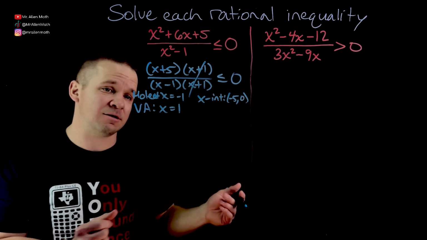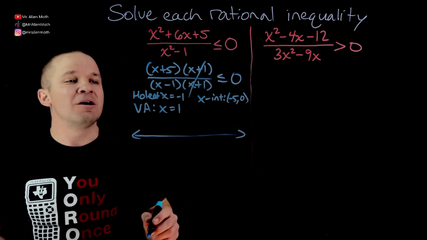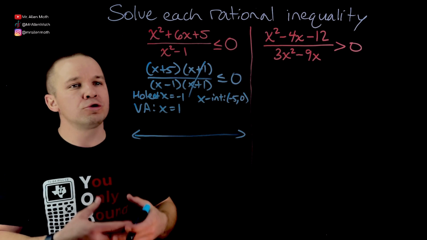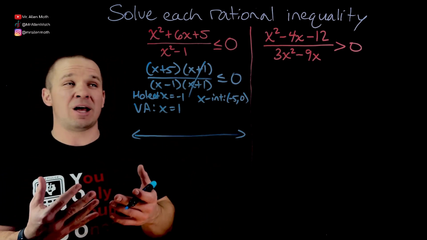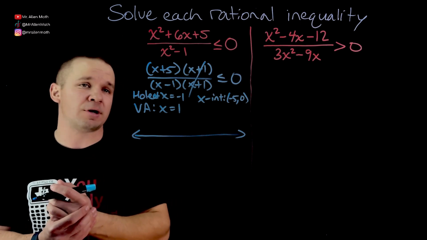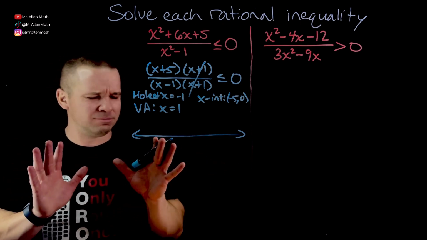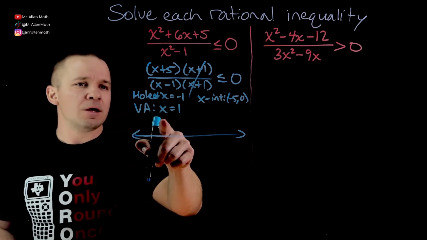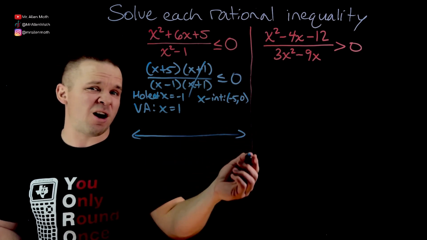Those are all my important values, my critical values, that I'm going to throw on my number line and test. You could graph this, but it's kind of a pain. This is why with polynomials, we'll show you a graph, but we'll also show you the number line, because the number line makes it a little easier. Graphing all rational functions is kind of a pain. Polynomial, not so much. Rational, it's a lot of stuff. When I put these numbers down, I make sure to state what they are as well.